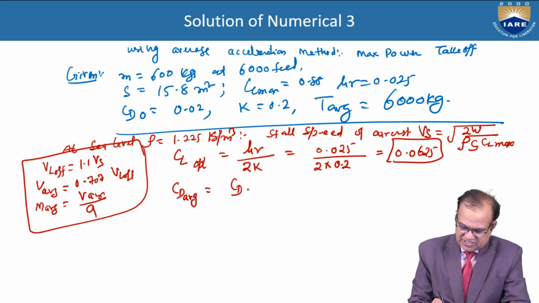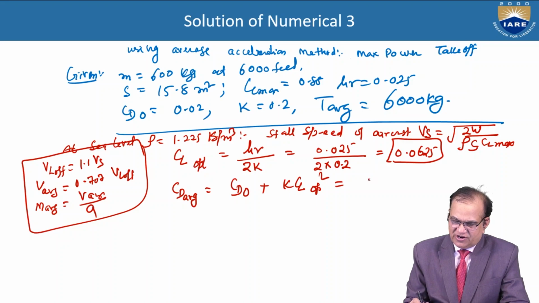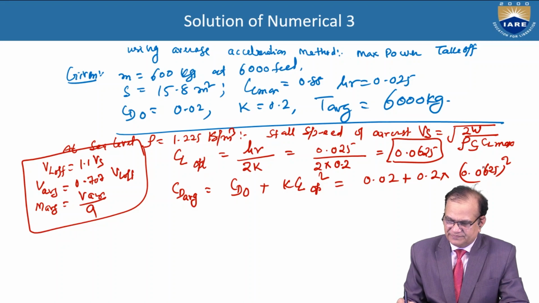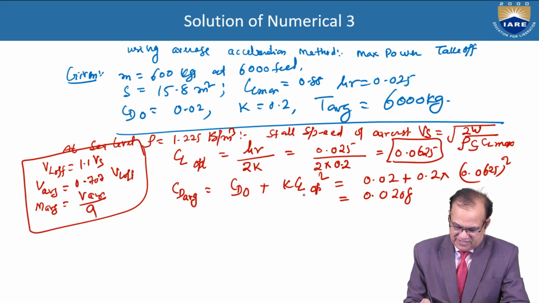So this is equal to CD naught plus K CL opt square. CD naught is 0.02 plus K is equal to 0.2, CL opt we got 0.0625 square. So this we will get CD average is equal to 0.0208.